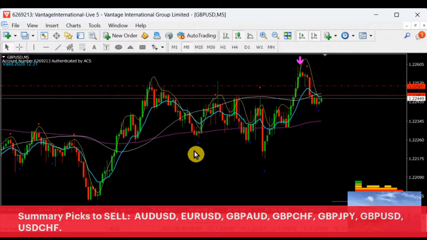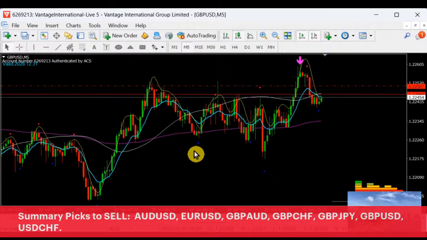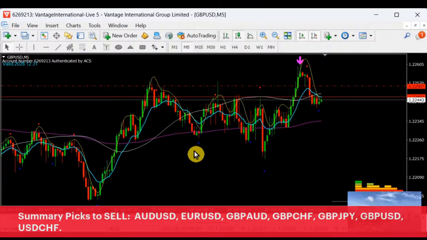That is why we should take note, so that we are not trapped in between here. We are all waiting patiently to see which direction it goes. Correct, Flora, you are right.